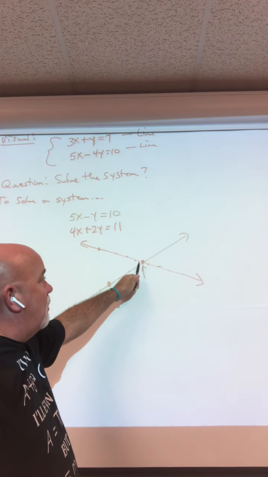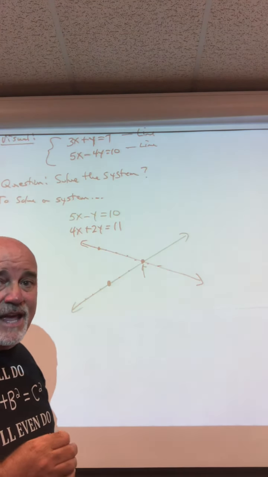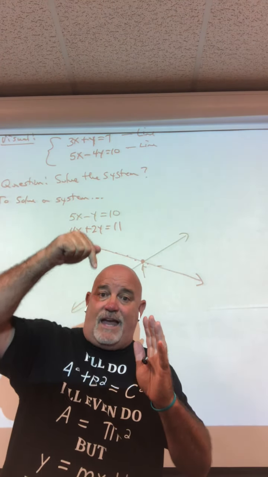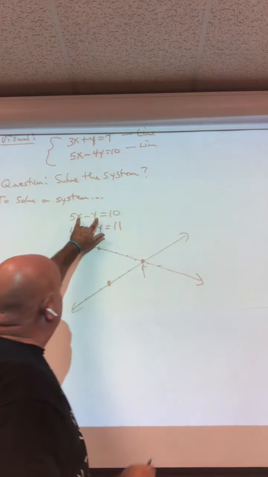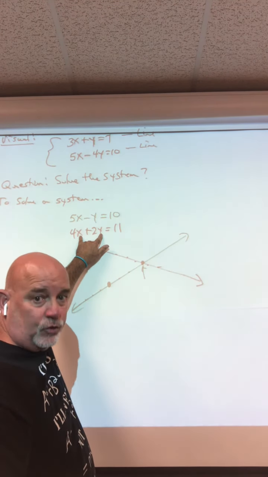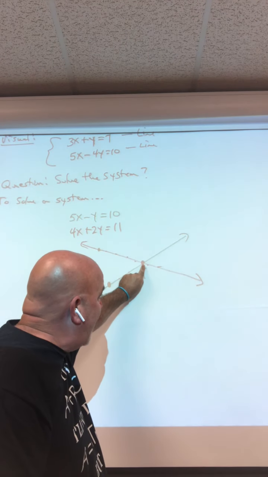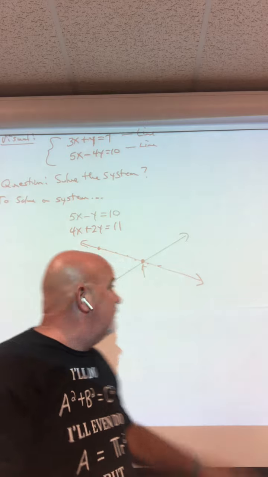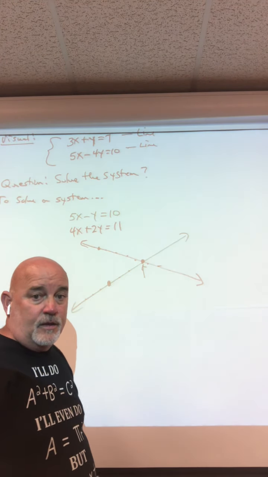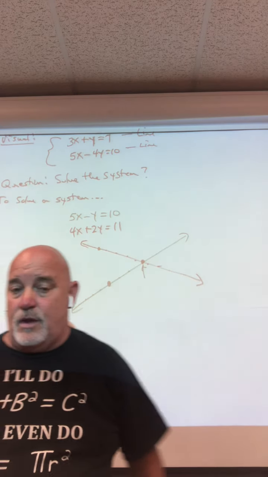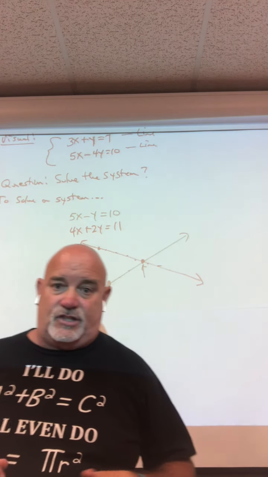This point is on both lines at the same time. Therefore, this point, this ordered pair, that x and y number, would make this equation true and this equation true. So we would call that one ordered pair the solution to the system. So if I say solve this system, it would be that point where they cross. Now, we haven't talked about how to solve it yet.